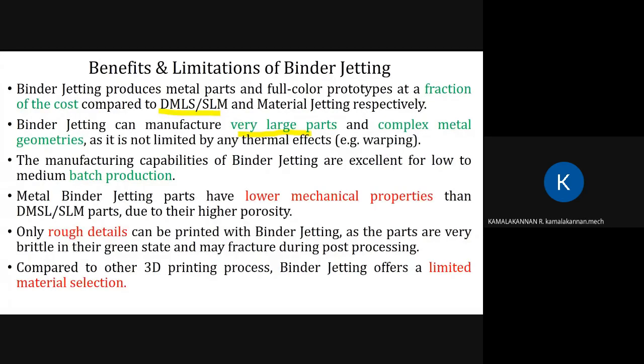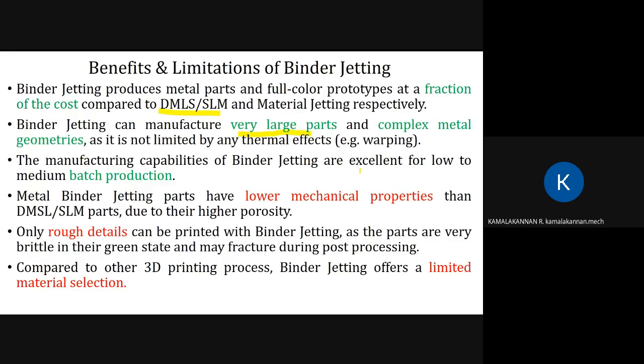Then complex shape, as I showed you in color binding, there are different colors and complex shapes can be possible in 3D printing like other. Okay, this is just comparison with conventional manufacturing. Low to medium batch production is possible because of its size and cost. You can go for low to medium batch production.